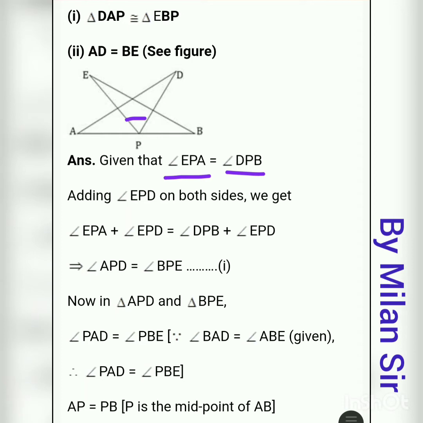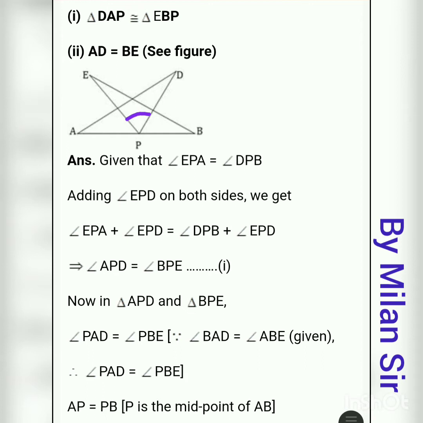Add this common part, EPD, on both sides. If we add EPA with EPD, it becomes full angle APD, which is one angle of the triangle. Same thing here: if we add this same part, it becomes full angle EPB, which is also one angle of the triangle.